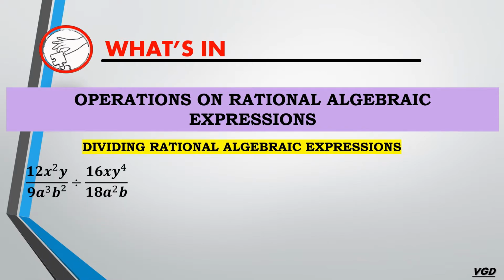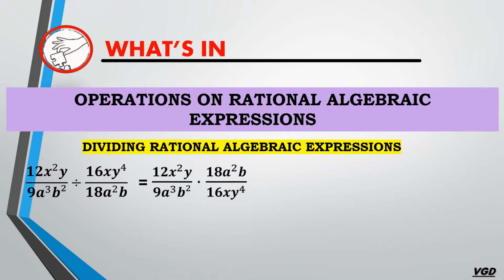So we have here 12x squared y over 9a cubed b squared divided by 16xy to the power of 4 over 18a squared b. Applying the rule in dividing rational algebraic expressions, we multiply our dividend by the reciprocal of its divisor.